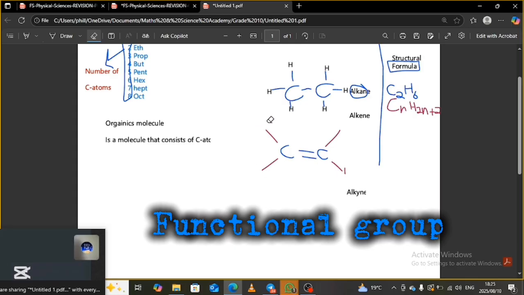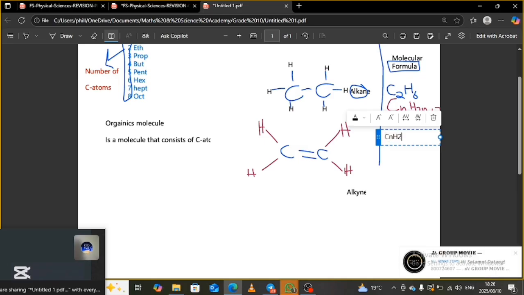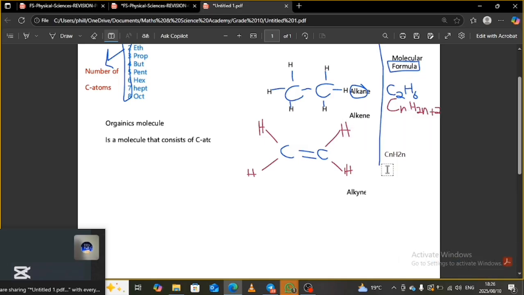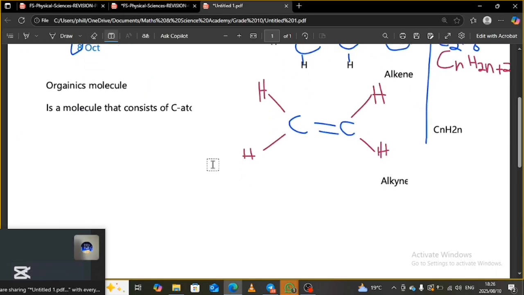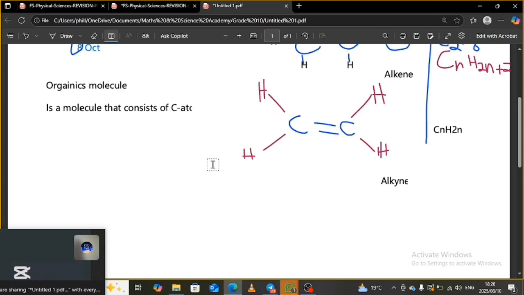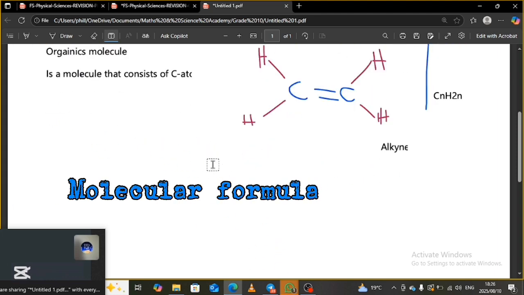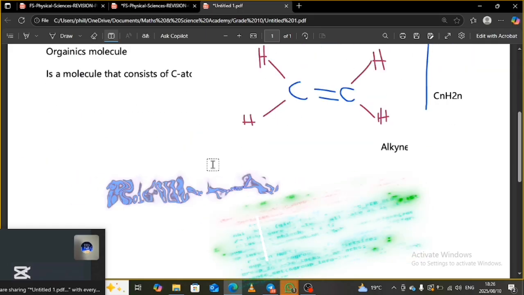Don't get confused, please. The general formula of alkenes is CnH2n, where n represents the number of carbons. In this case we have two carbons, so we substitute n with 2 and find C2H4 as our molecular formula.